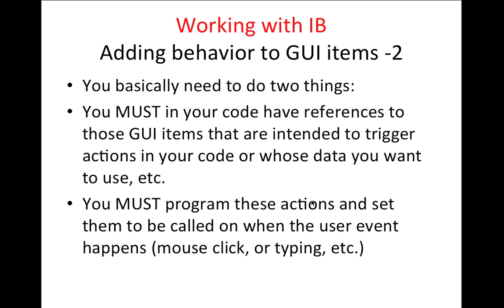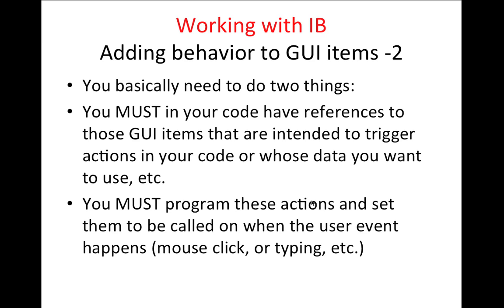So in terms of adding behavior, basically you need to do two things. You must, in your code, have a reference to those GUI items that are intended to trigger actions, and the data that you want to use with the particular action. And we've actually seen this already.